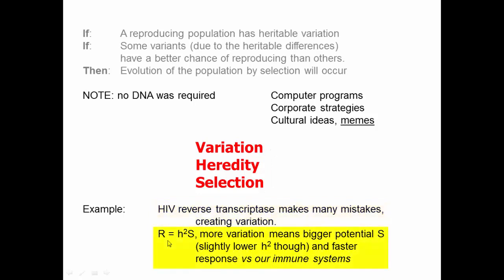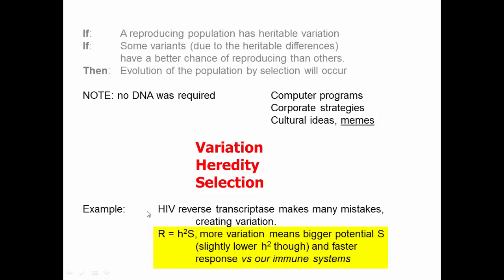That allows the selection differential to be very, very high, and even though the heritability is lower, because more mutations means the offspring look less like their parents, the combination of a very large value here with the heritability of these viruses allows them to evolve very quickly, faster than our immune systems can keep up with.